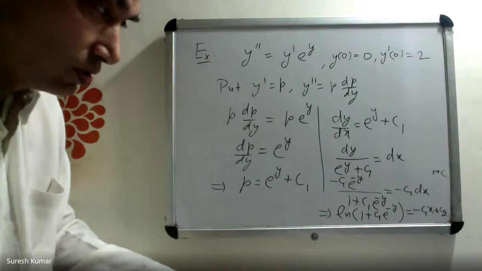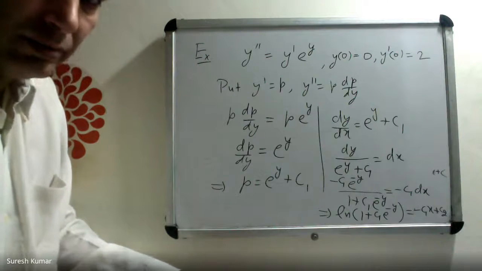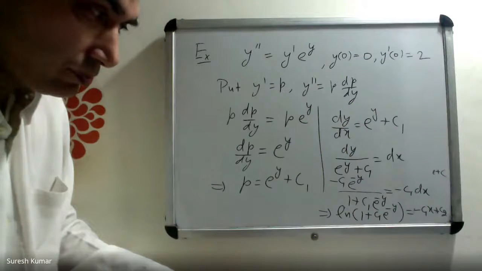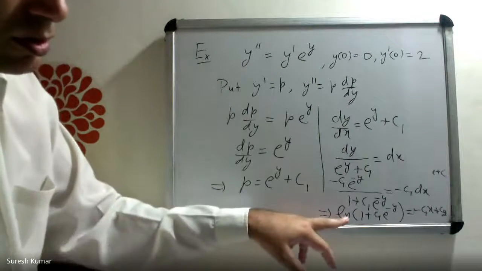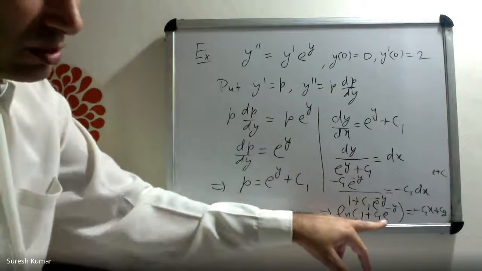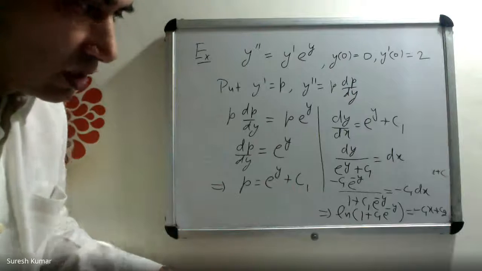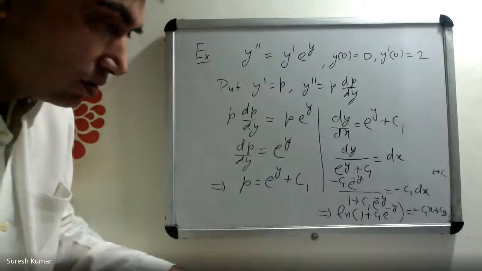Okay, this part you can do, I guess. Find c1, c2 from it and write the final solution. After this, you can write 1 plus c1 e power minus y exponential of this, and then you can separate y from it.